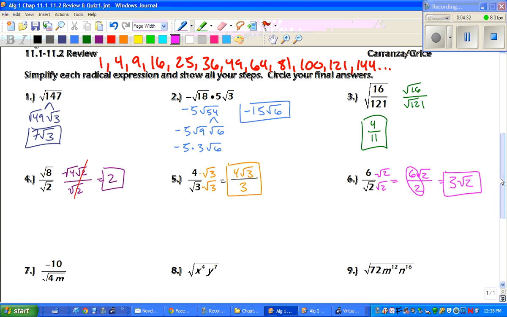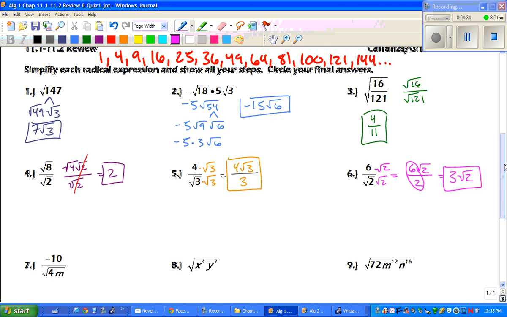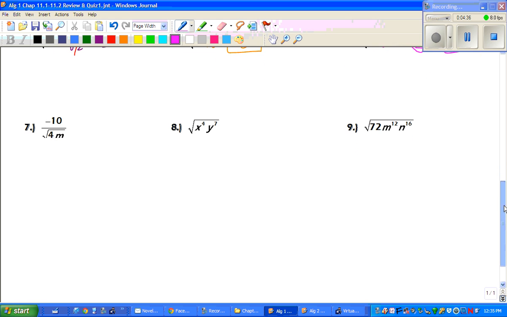All right, number 7. Now, remember at the bottom that you can break this down. Negative 10, you break down each one of those because the square root of 4 is 2. Okay?